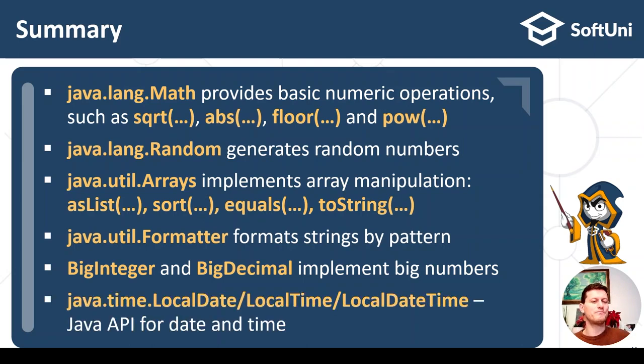The Java time package and its LocalDate, LocalTime, LocalDateTime, formatters, and ChronoUnit are from the Java API for dates and times.